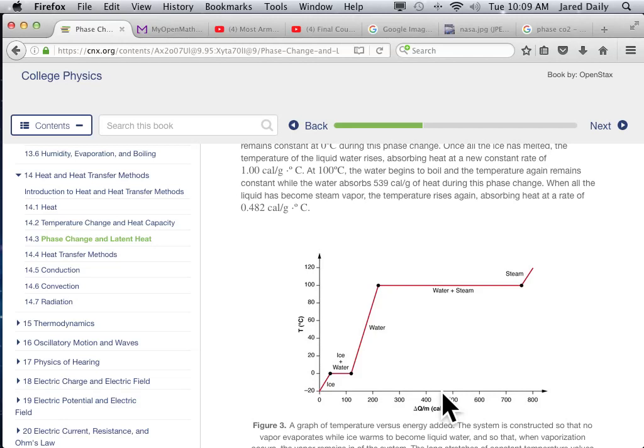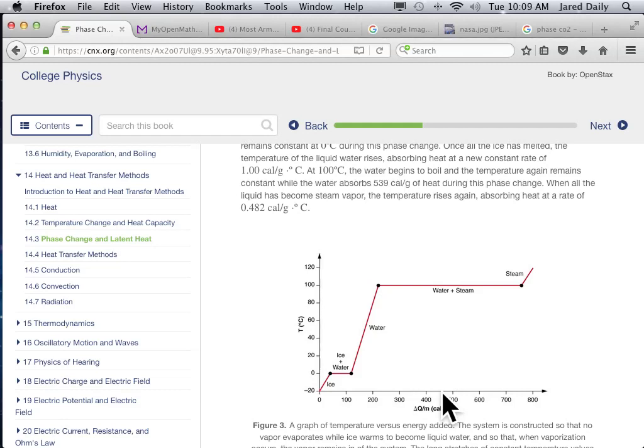What we've got down here is the heat being added. So if we add 20 or 30 joules of heat right here to a kilogram of ice, it'll change temperature during that time. But if we add another 80 joules, then it will melt that 1 kilogram of ice.